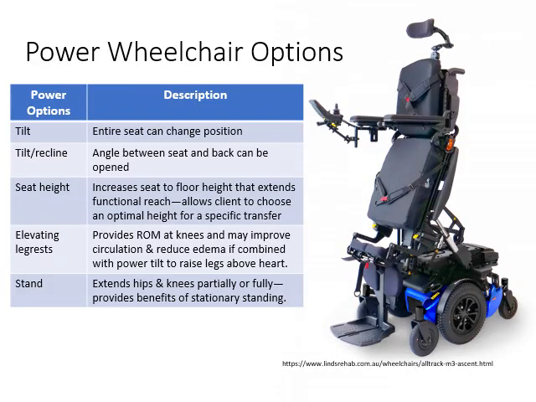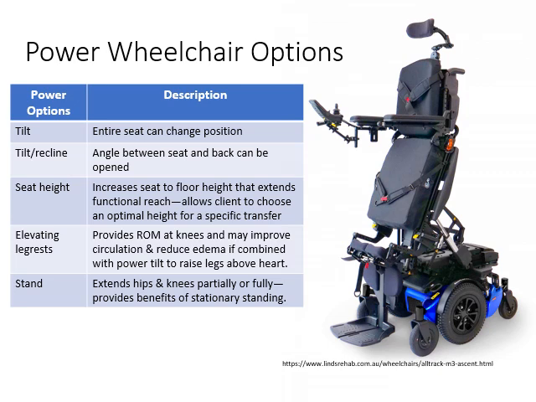Power wheelchairs are complex rehabilitation technologies that include a full range of seating, driving methods, and power steering options. So just some words that you should be familiar with when we're talking about power wheelchairs are tilt. So tilt means that the entire seat can change position.